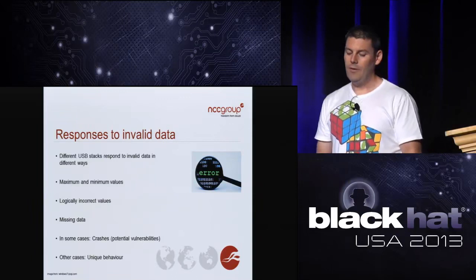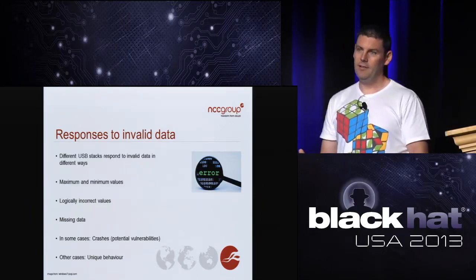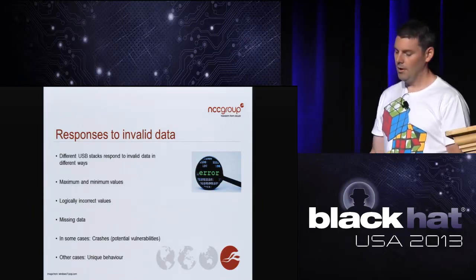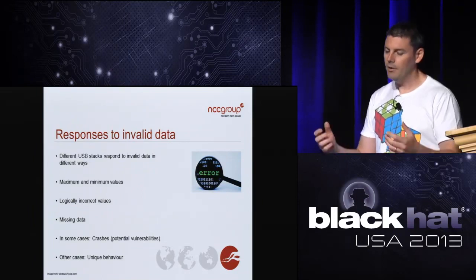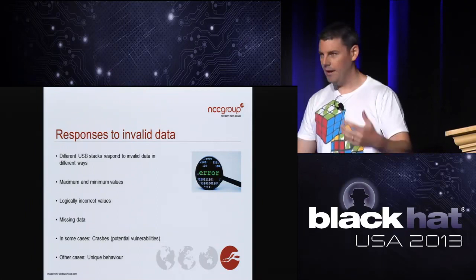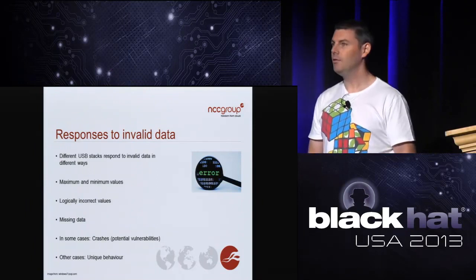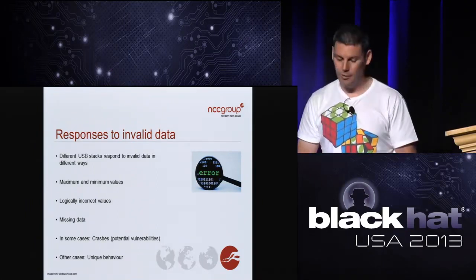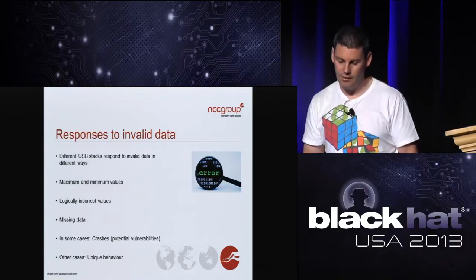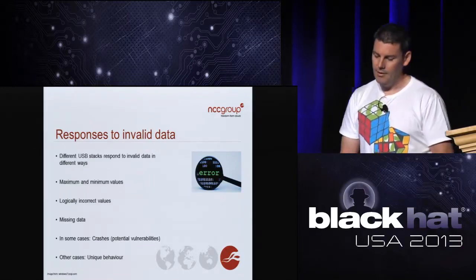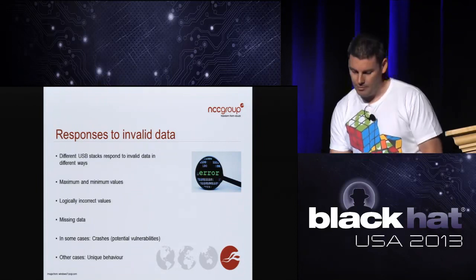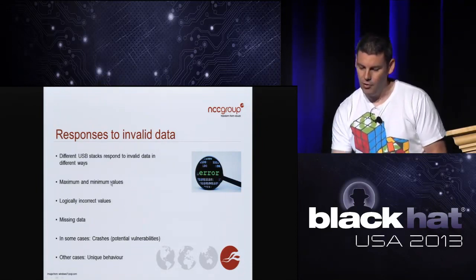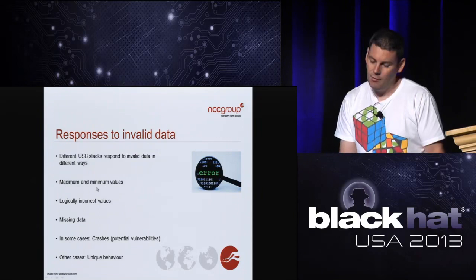Now, responses to invalid data can be used as part of our enumeration and fingerprinting, but also for fuzzing to try and identify bugs within the parsing of this data.